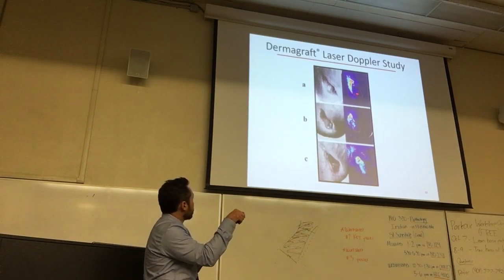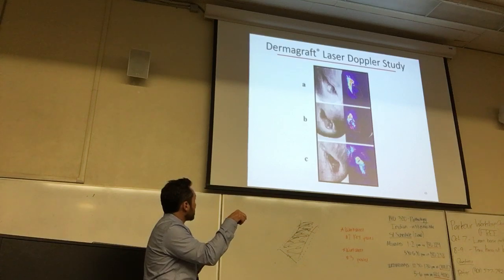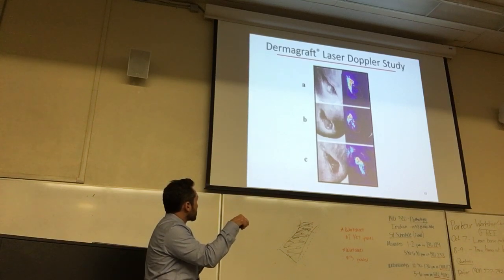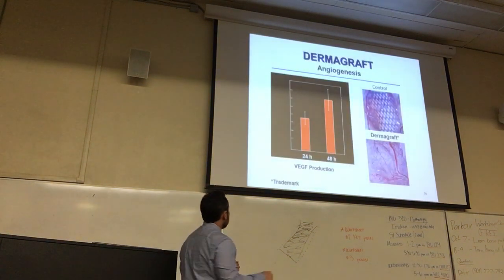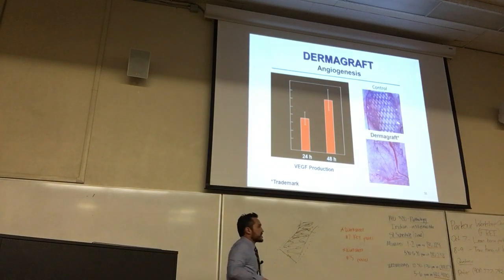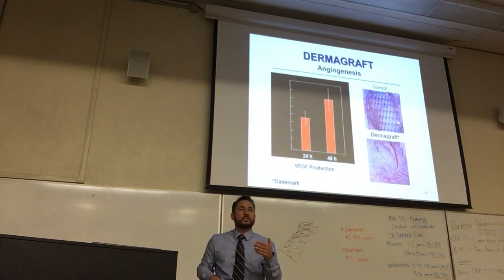You can see there's no blood flow inside the circumscribed red tracing. Halfway through the study, we get more blood flow. And in this patient at 10 weeks, it hadn't closed yet. And you can see all the blood flow that's within that wound now. So the Dermagraft, or the replacement skin, was pro-angiogenic.